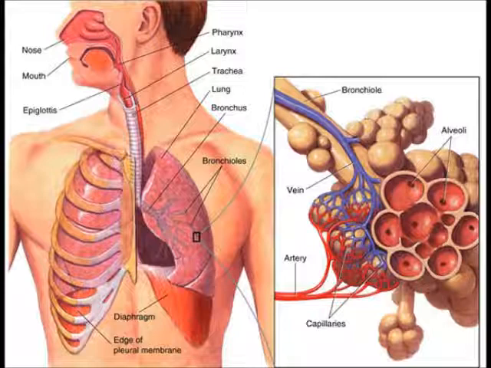Correct? Yes. Okay. Now on expiration, when you have your barometric pressure 760 and you need air to go out, the alveolar pressure is supposed to be what? Higher, right? So this respiratory pressure is going to be what? Negative on expiration, and it will always be negative on expiration. Make sense?